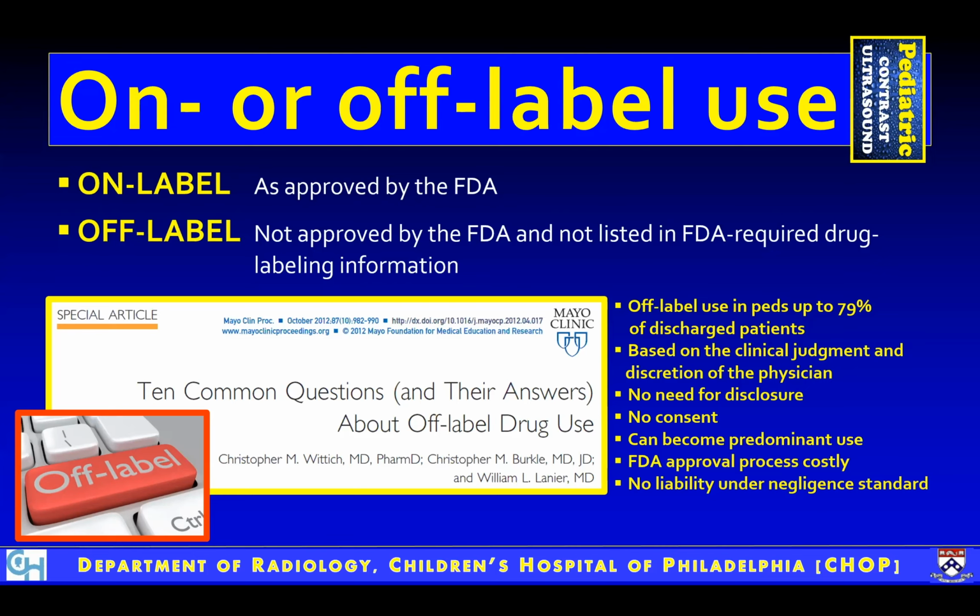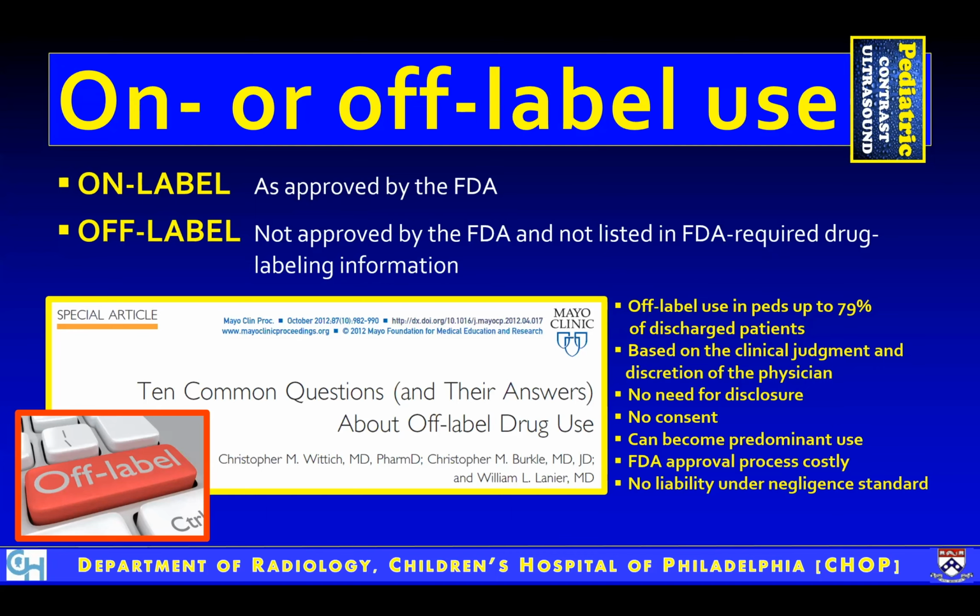And really there is no need for disclosure if it's used off-label based on the discretion of the physician. A consent is not a must. And eventually it may become a predominant use actually. And also we have to understand that the FDA approval process for many drug companies and for many drugs, especially for pediatric use, is a costly thing.